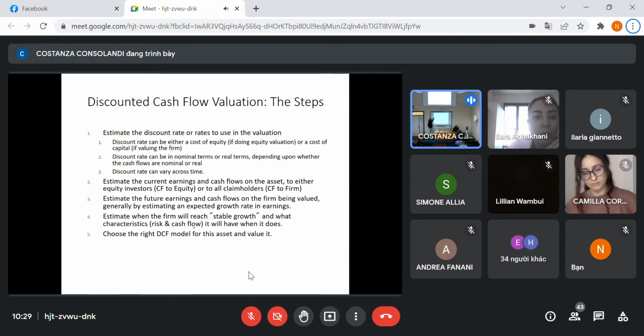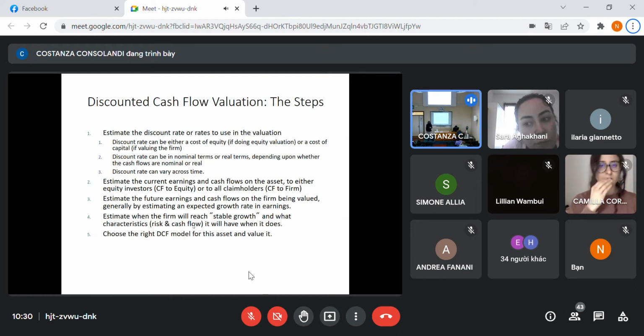And the other point is that the discount rate can vary across time. So we can decide if we define a discount rate at T0 and we do not change it, or we can make the discount rate change across time. Let me give you an example.